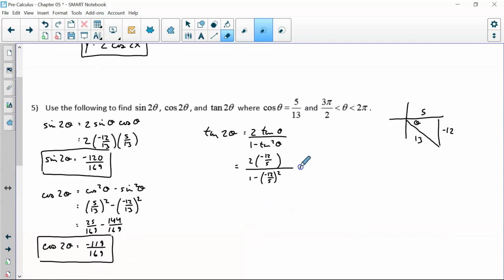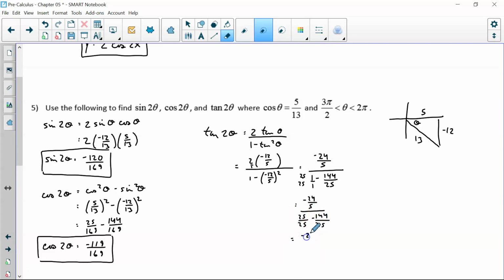So our goal is to get one fraction on the top. So when we do that, remember it's a 2 over 1, we get negative 24 over 5 over 1 minus, when we square the negative 12 fifths, we get 144 over 25. Now that's a 1 over 1, so our common denominator would be 25. So you multiply by 25 over 25, and you get 25 25ths minus 144 25ths.